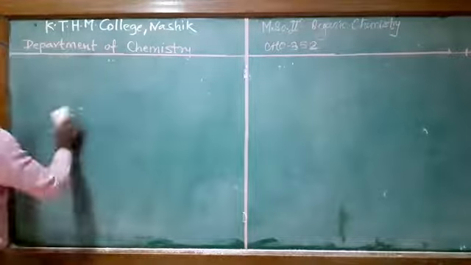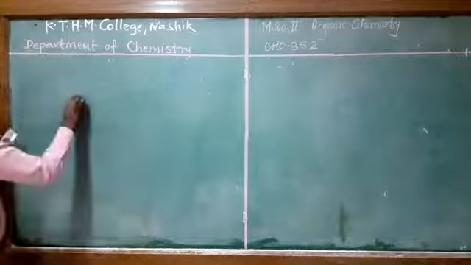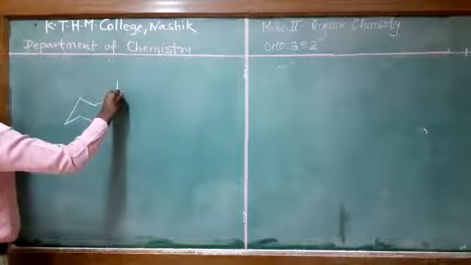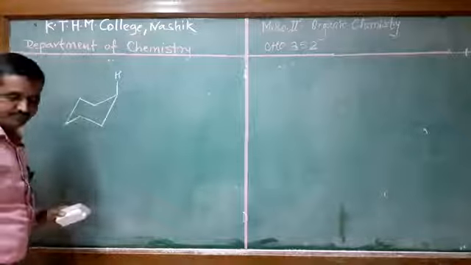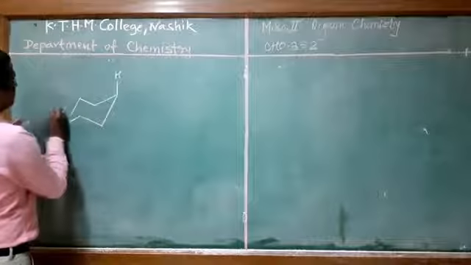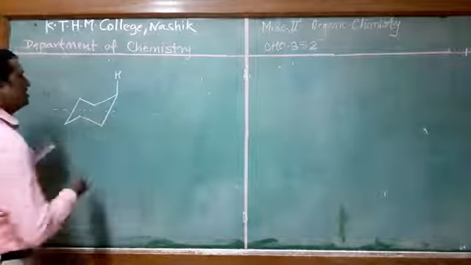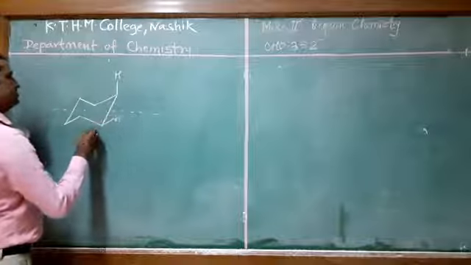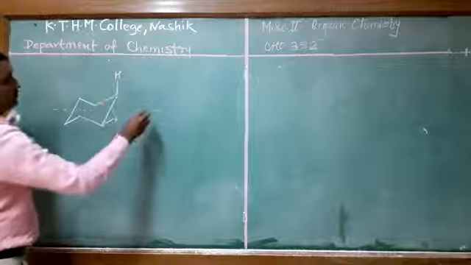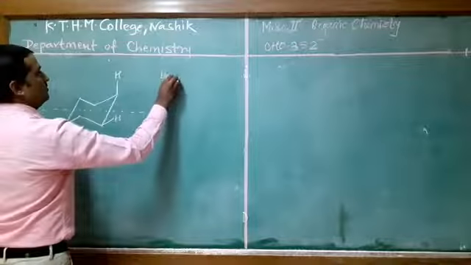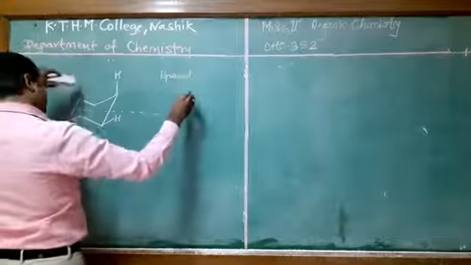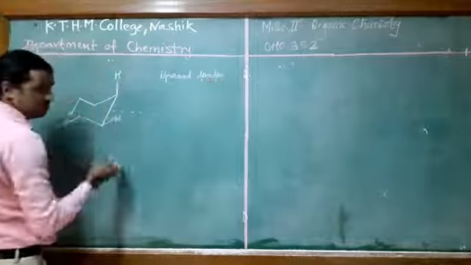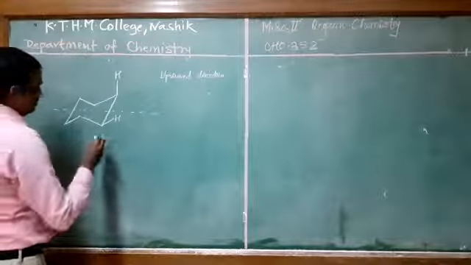Similarly, in cyclohexane, suppose this is one of the planes, and those hydrogens or substituents which are present in the upward direction, remember, upward direction, can be either hydrogen or any other substituent.